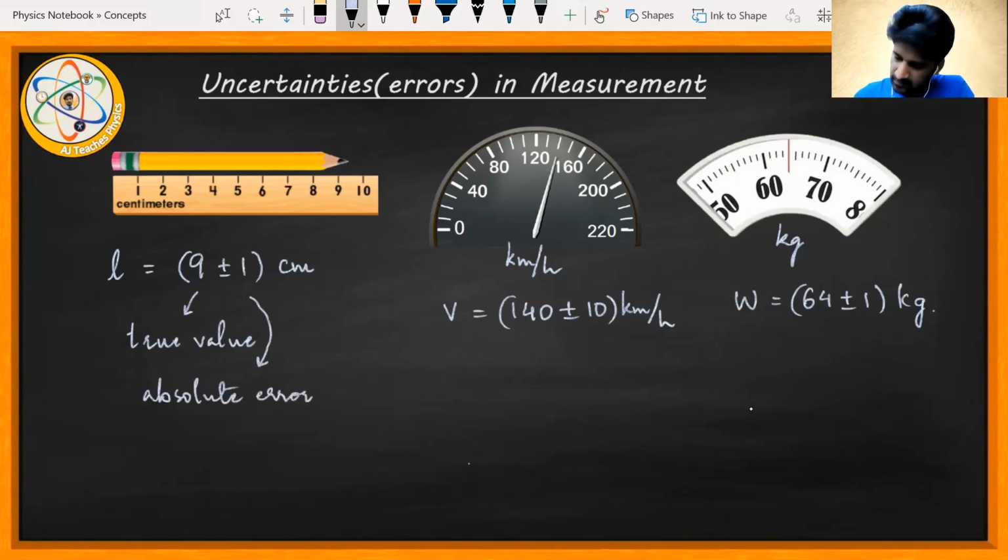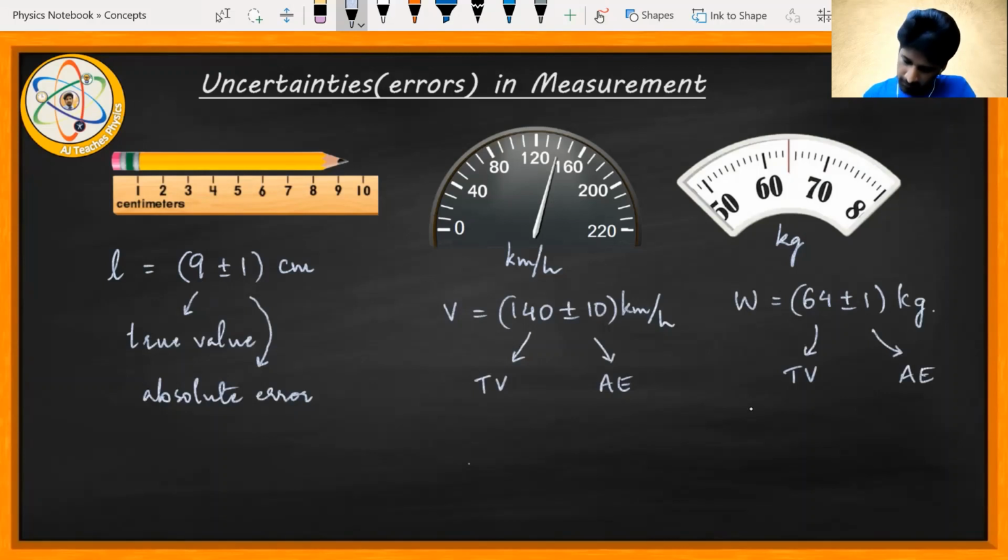So in the next reading that you see, 140 kilometers per hour is the true value of the measurement, and 10 is the absolute error in the measurement. Similarly, 64 here is the true value, 64 kg, and 1 kg is the maximum possible deviation, and that is called the absolute error.